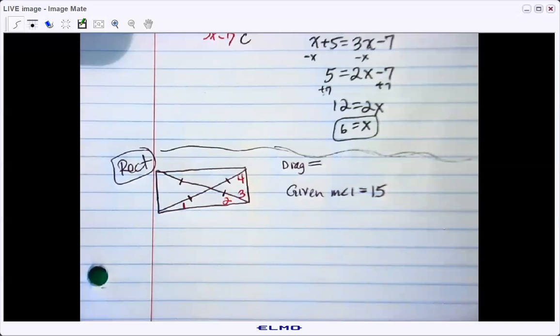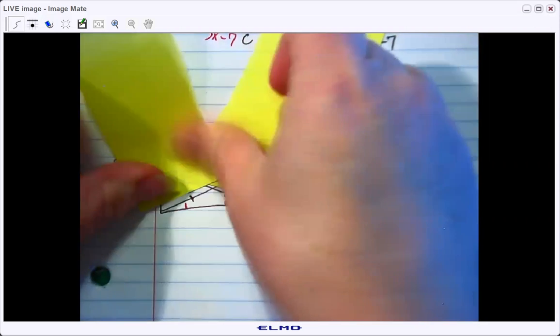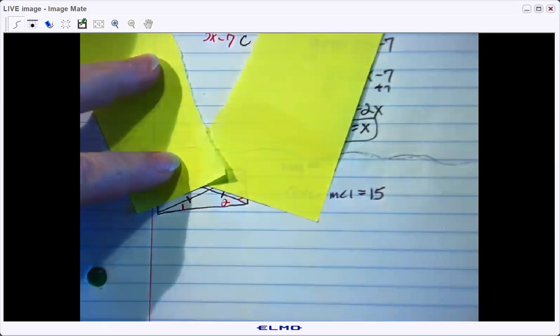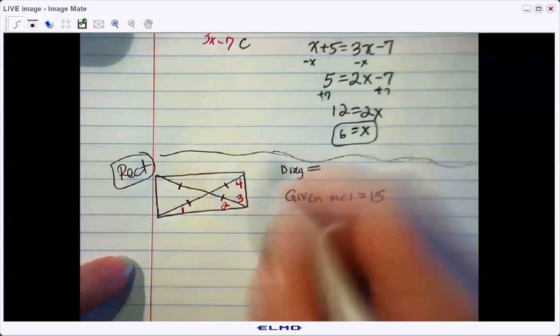But I have a special triangle here. If I cover this up, and I cover this one up, do you remember what kind of triangle that is? Anybody? Starts with an I. Isosceles? Good. An isosceles triangle. We know the base angles are equal. So what would that make angle 2 then?